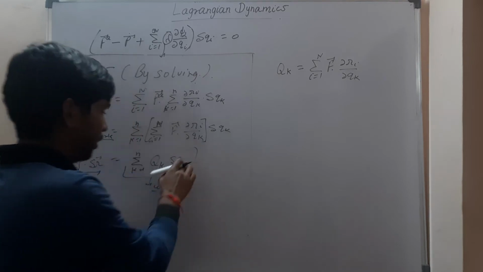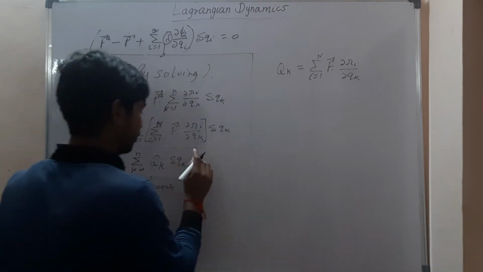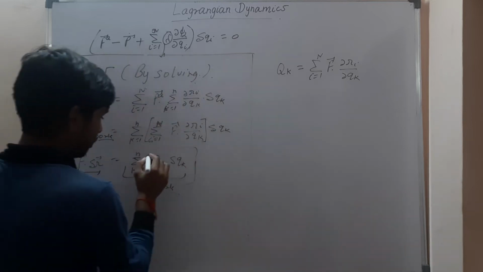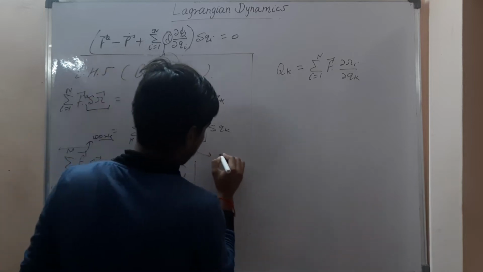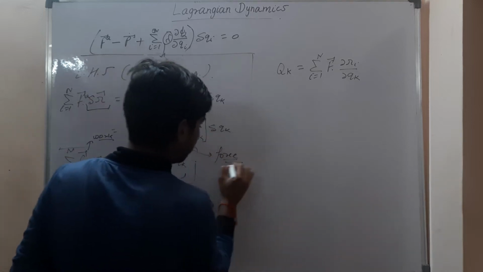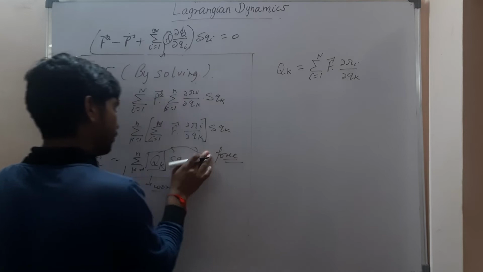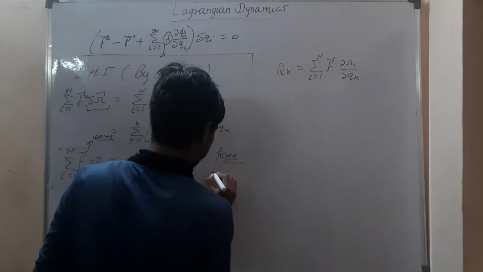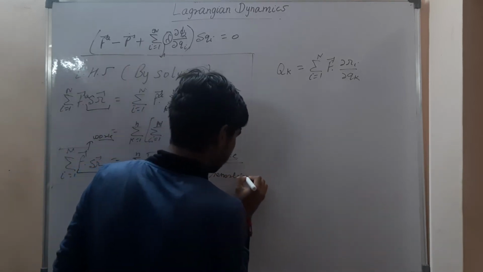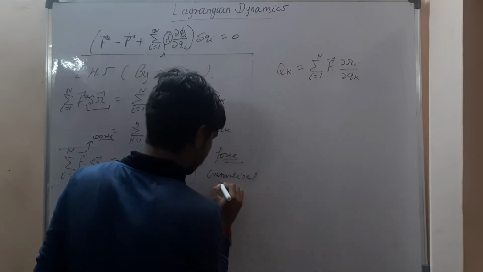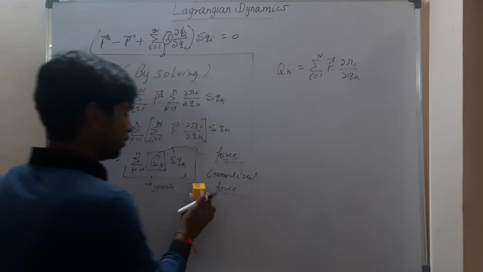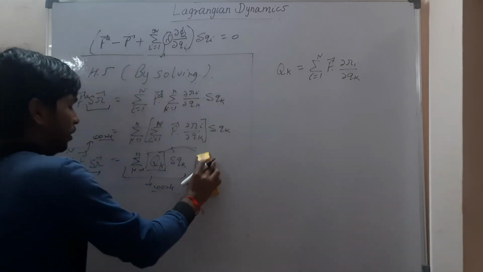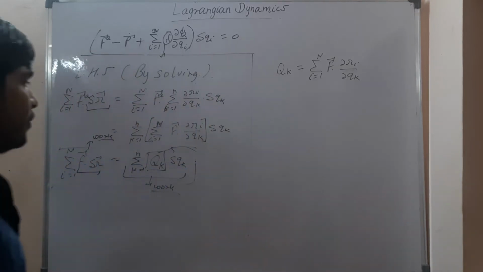So in an independent coordinate or generalized coordinate, this will also assure it should be work, means force. So we will call this Q_k, we will call it a generalized force. So this is generalized force.